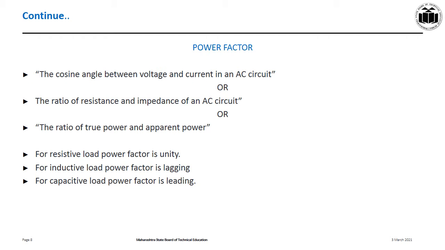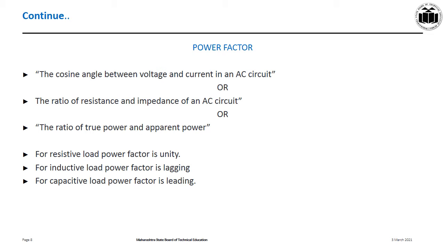Now more power factor, it is represented by the cosine of angle between the voltage and current in the AC circuit. In other way, we can also define it as the ratio of resistance to the impedance of an AC circuit, or as already we have seen, it is the ratio of P by S, that is the true power or real power to the apparent power.